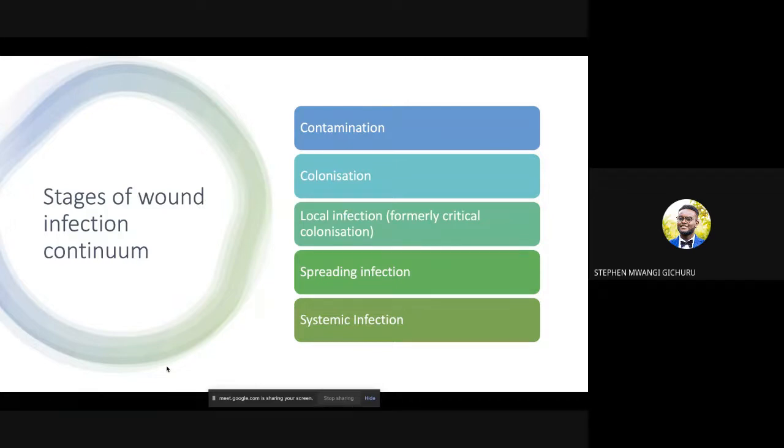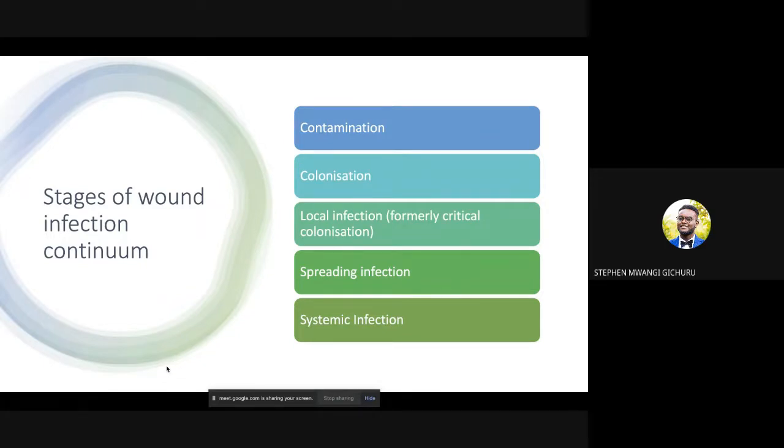Contamination basically means that there's presence of microorganisms, but they don't multiply. And again, you as the host or the patient don't have any response to that contamination. So this could happen whereby a patient comes from a road traffic accident, there's dirt in the wound, but there's no swelling, there's no inflammation happening.